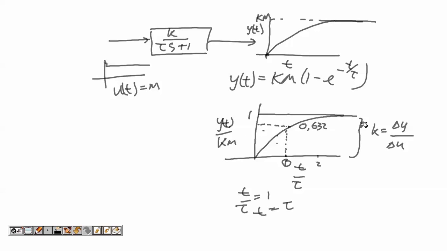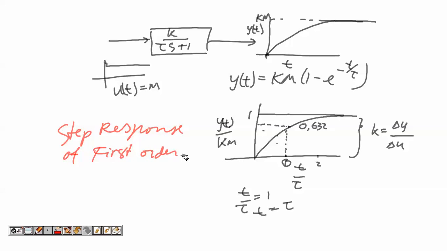So in the first order system, the parameters k and tau can be derived from this graph. If we have a graph, we can identify the parameters of the first order system. Okay, so this is the step response of the first order system.